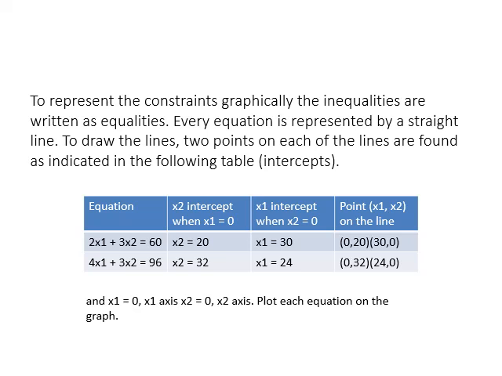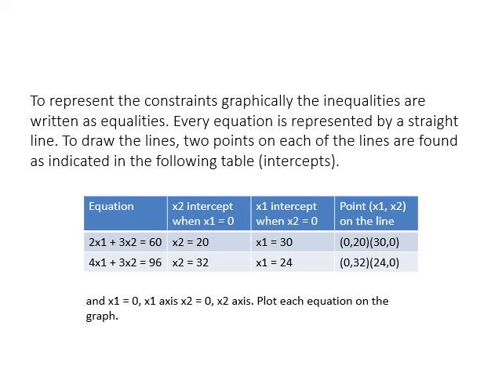Now, there are two equations representing two constraints. The first equation is 2x1 plus 3x2 equal 60. So assume that x1 equals 0, then 3x2 equals 60, x2 equals 60 over 3 equal 20.